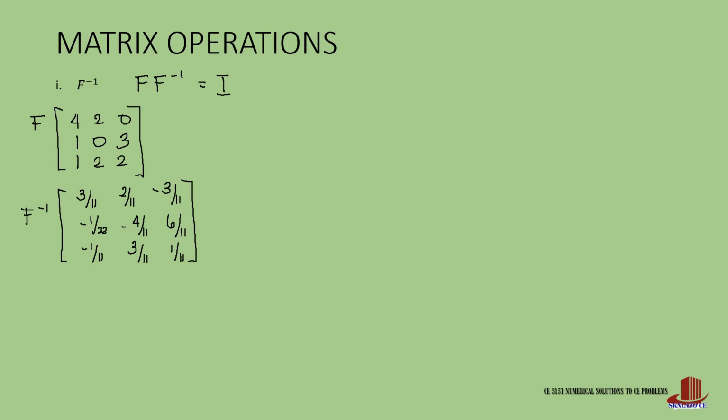In order for us to multiply our matrices, it would be best if we are going to have them arranged. So let's just arrange our first matrix for the row.